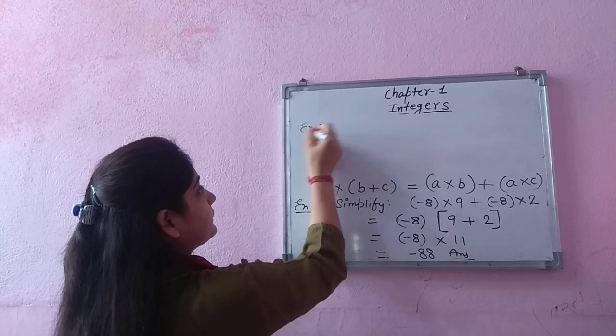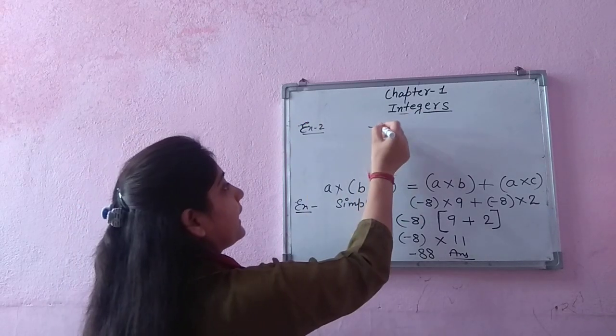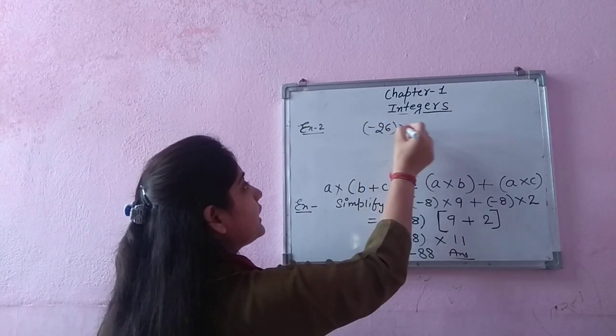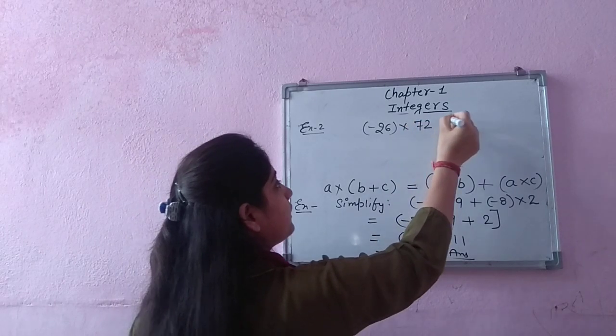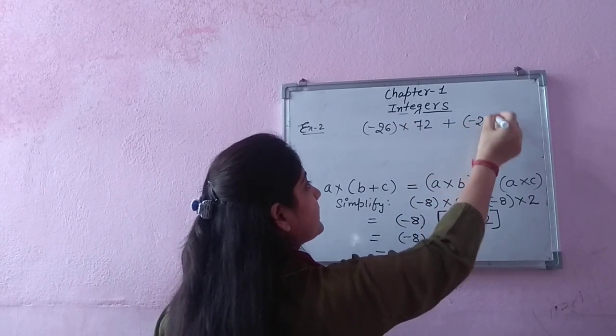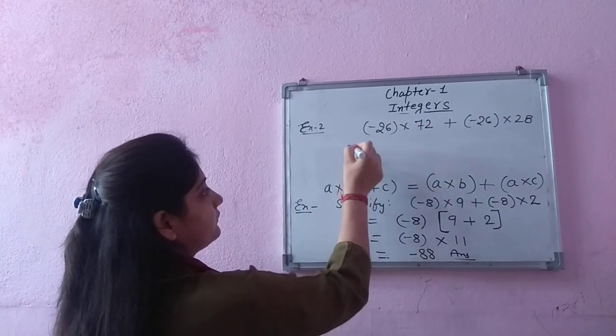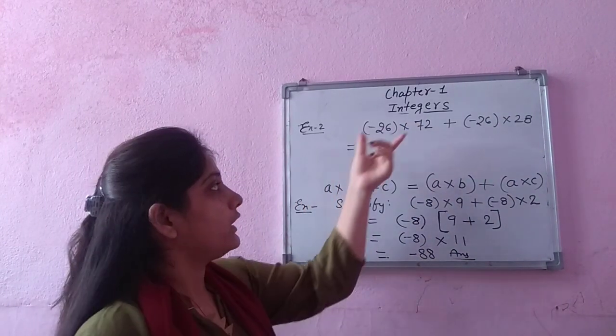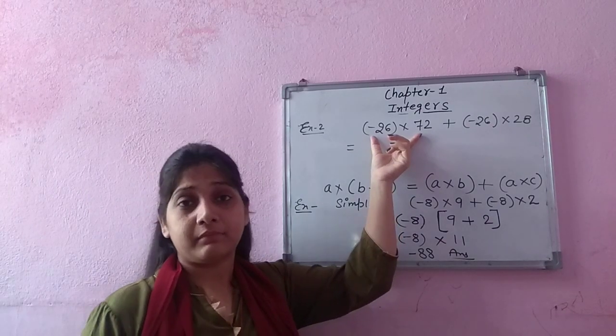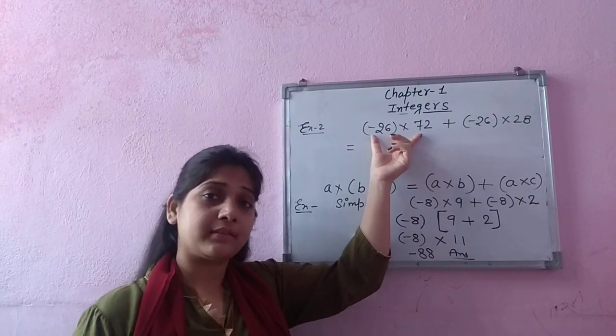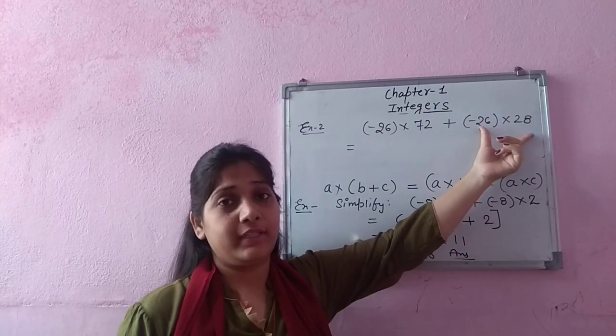Like example number 2. -26 into 72 plus -26 into 28. If you are going to sit and multiply these two numbers, it takes time. This also takes time.